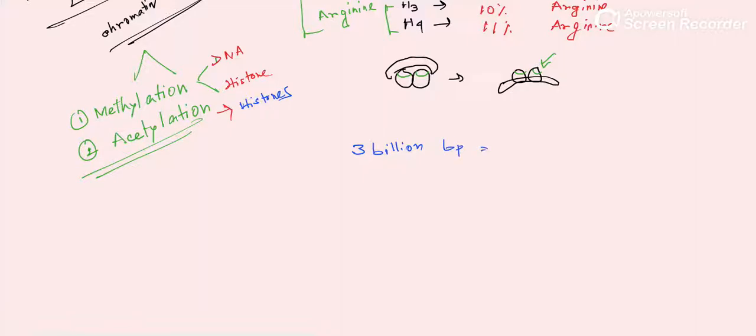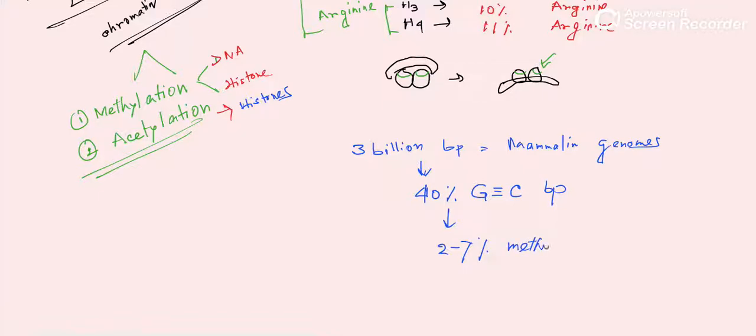Out of these 3 billion base pairs, only 40% contain GC base pairs, and out of this 40%, only 2 to 7% are modified by methylation.